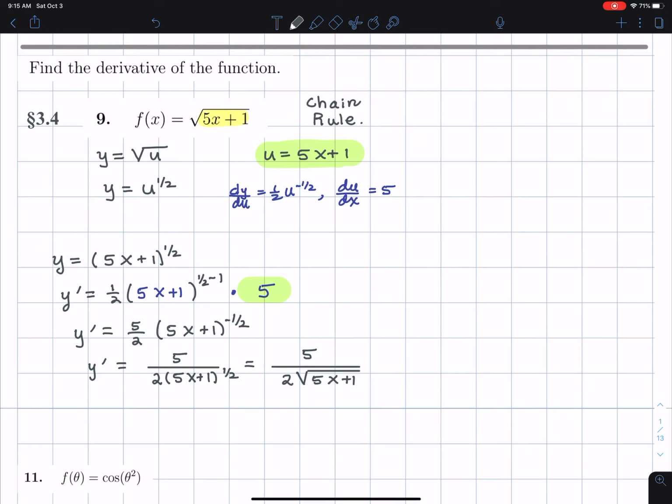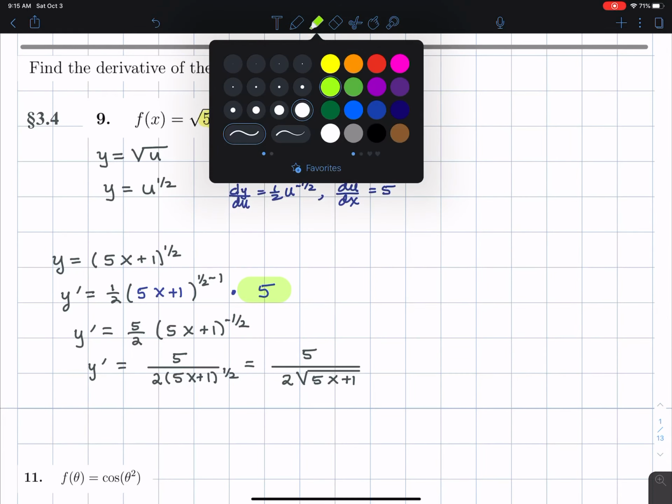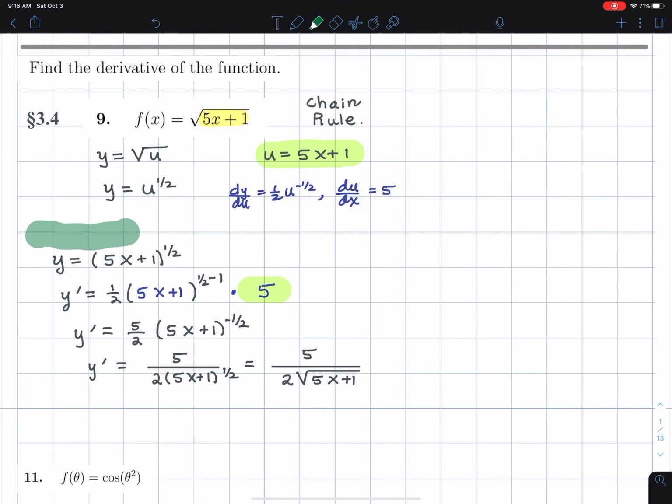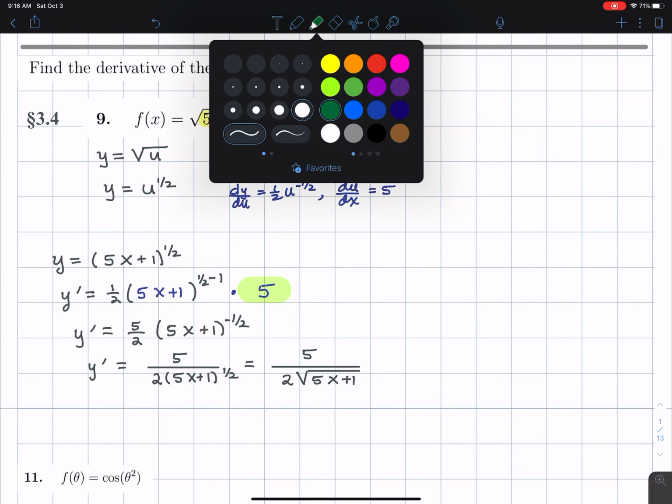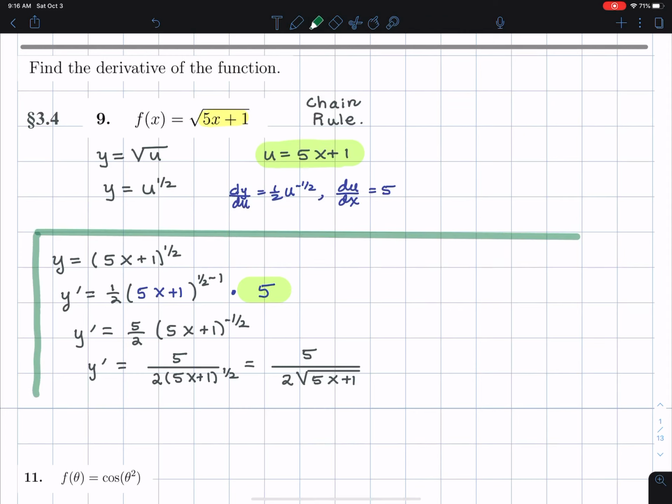Okay, I would just say that in general, the way I would do this on my own is I would not write all that stuff that I have written above. I would just start with this green line. This is where I'm making a box. This is sort of the problem I would show.